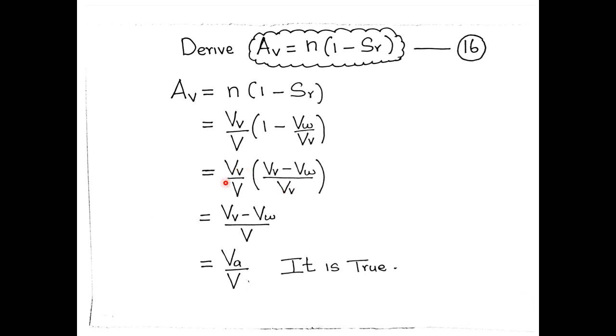This volume of voids cancels out. Then remaining is volume of voids minus volume of water over total volume, which is equal to volume of air over total volume. This is the definition of air voids. It is true.